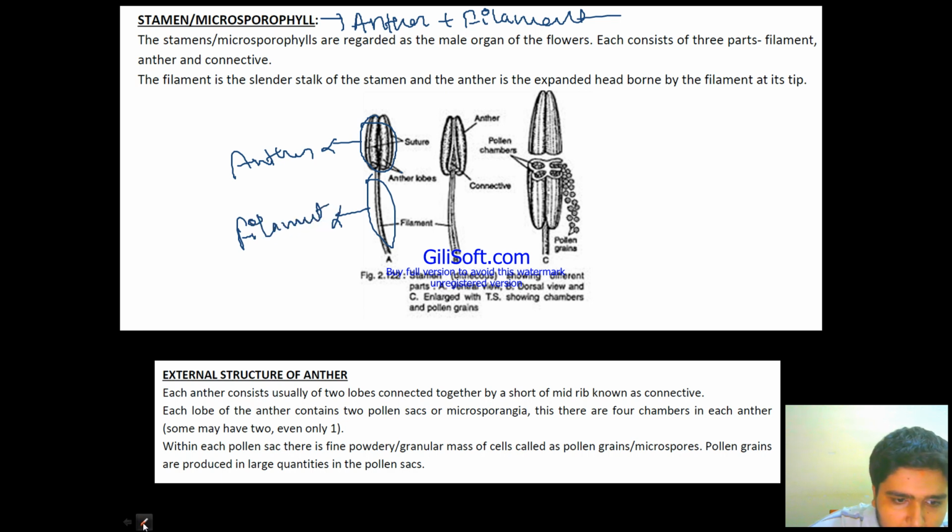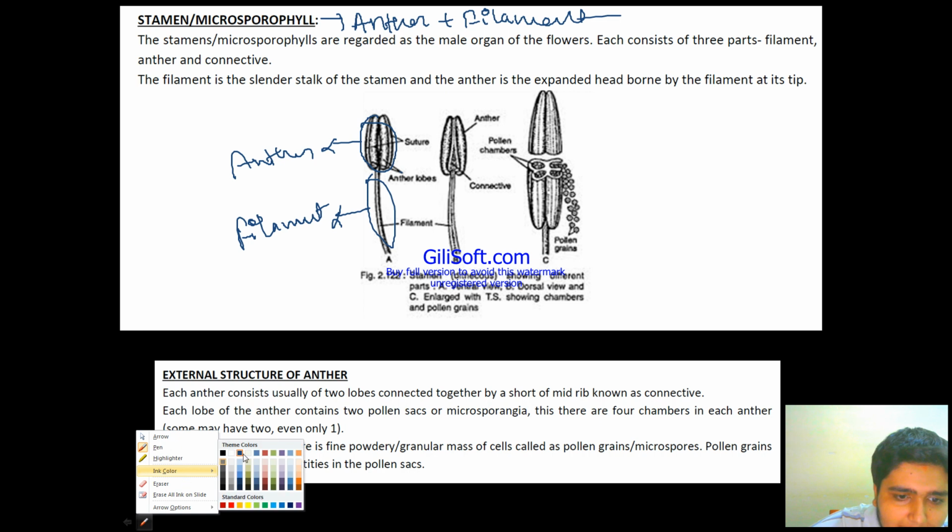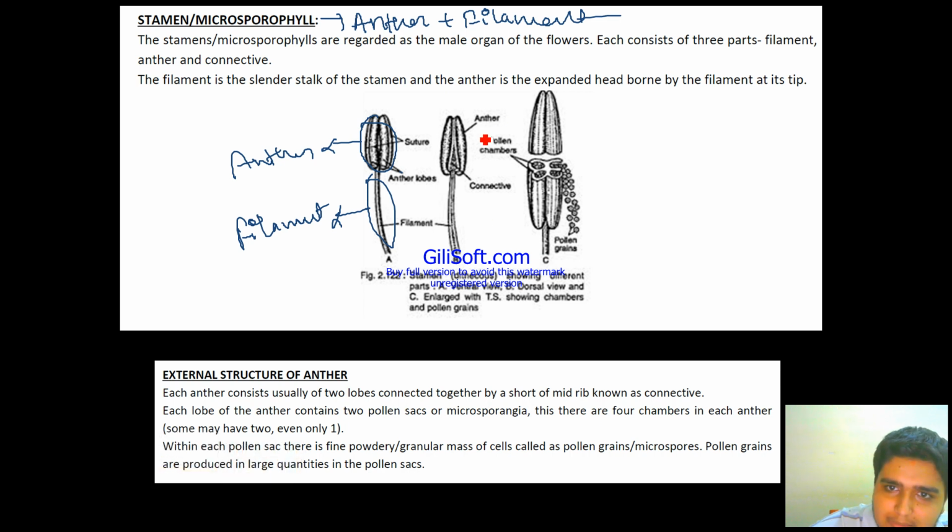Now, an interesting thing: let's look at the ultrafine structure of the anther. We realize that the anther has two lobes. I'm talking about the usual case; it can be trilobed or tetralobed as well, and we will discuss more exceptions. But usually the anther, which is only this structure, is bilobed.